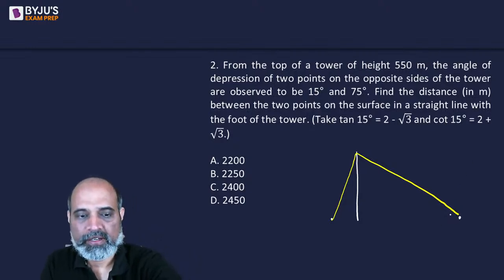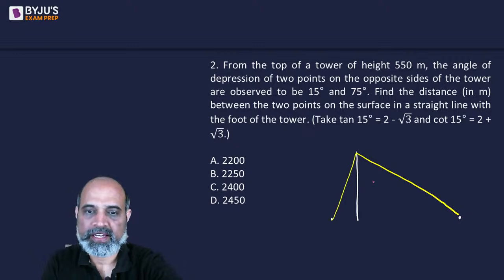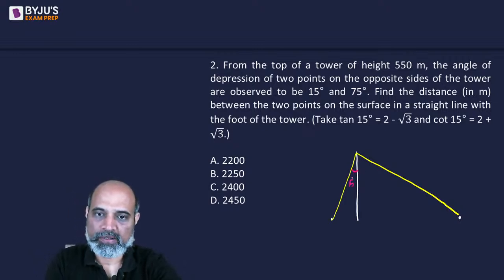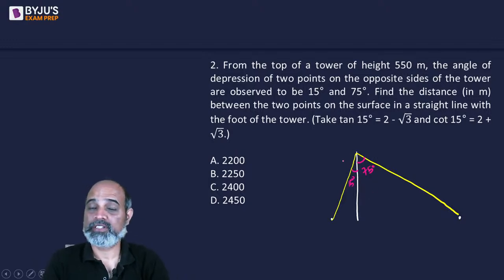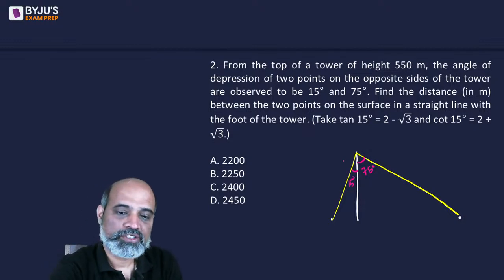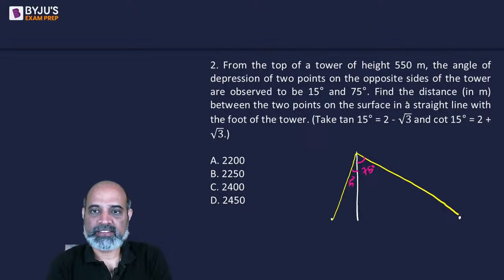It is given that this angle is 15 while this angle is 75. It means the overall angle at the top of the tower is 90 degrees, 15 plus 75. Now we are asked to calculate the distance in meters between the 2 points on this straight line. So we need to find out this particular distance.